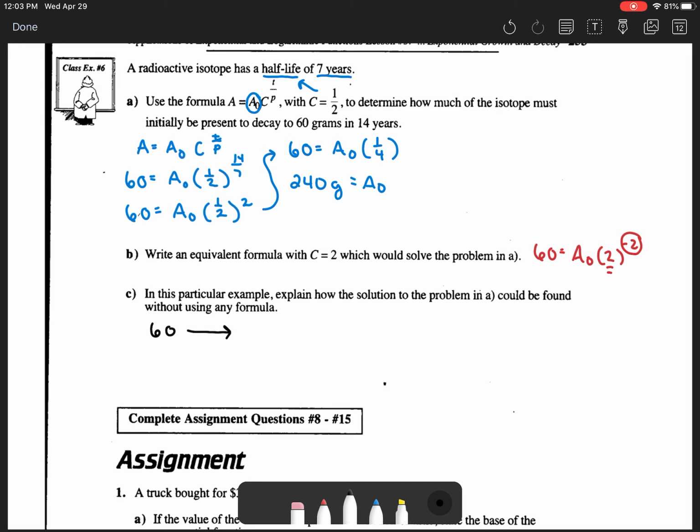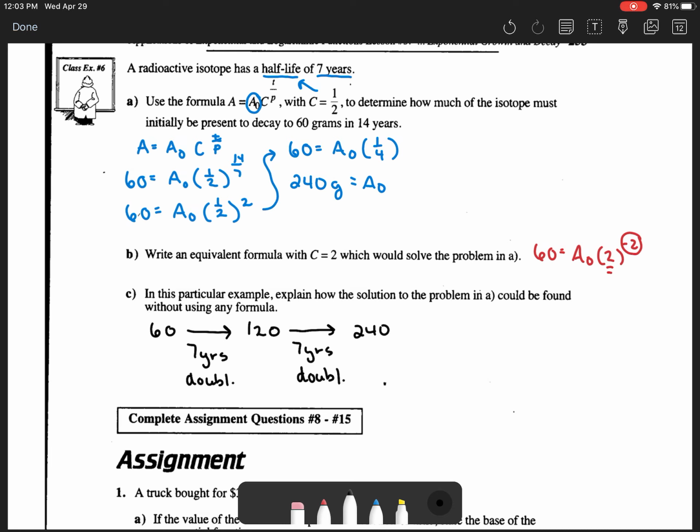And then I know that if I work backwards, this time frame will be 7 years, and instead of it halving, it's going to double. I'm just going to do the opposite. So 7 years has passed, it doubles. Then I'll do the same thing again. 7 more years have passed, it's going to double.